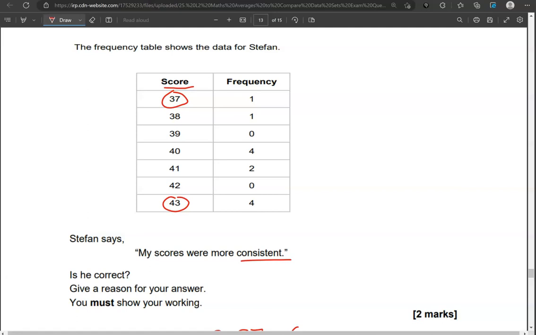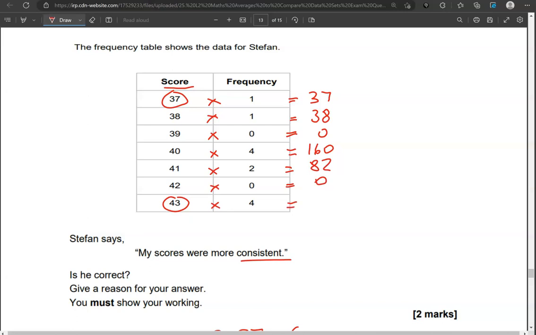So 37 appears once, so 37 times 1 we do, and we get 37. 38 once. 39, 0, so we can put 0 there. 40, that is 4 times, so 160. 41 twice, so that gives us 82.